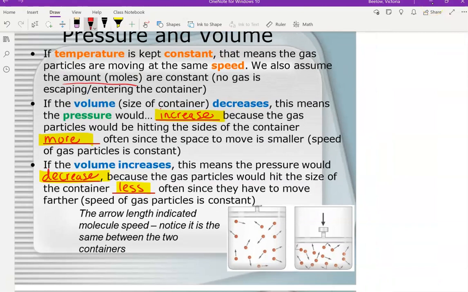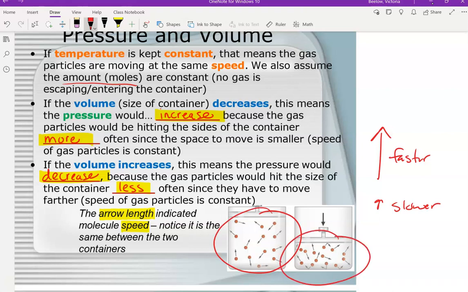Usually if we're representing this in a diagram here, the arrow length will indicate the speed. If an arrow is longer, that's faster. If it's shorter, that means slower. However, in this case, the arrows are the same length.